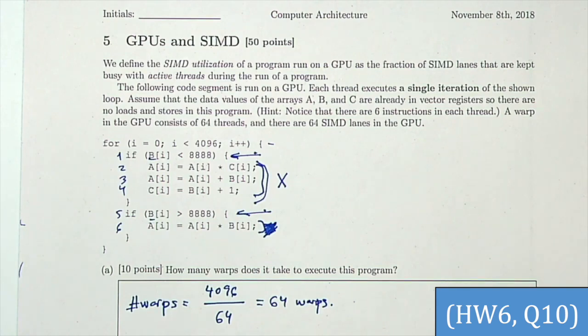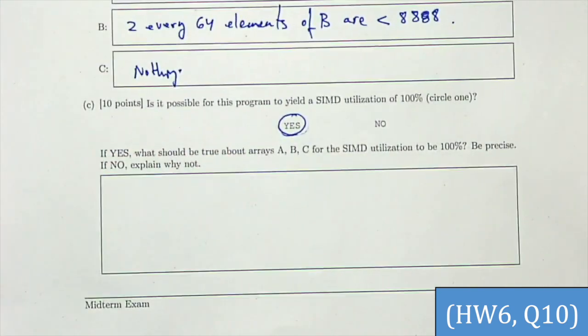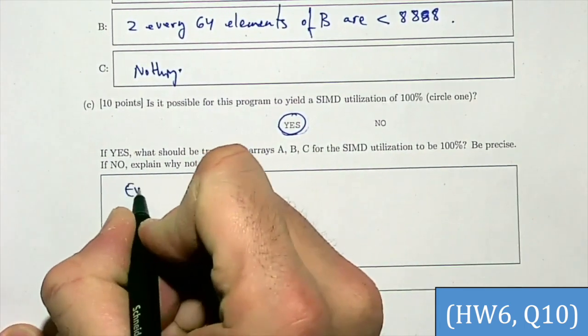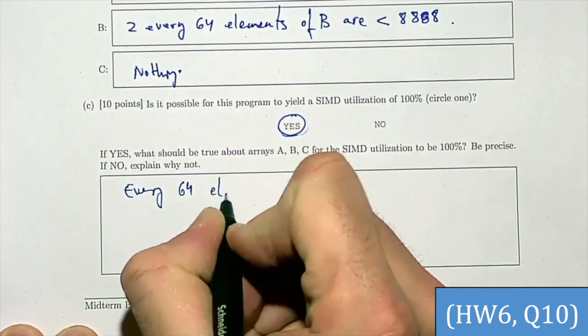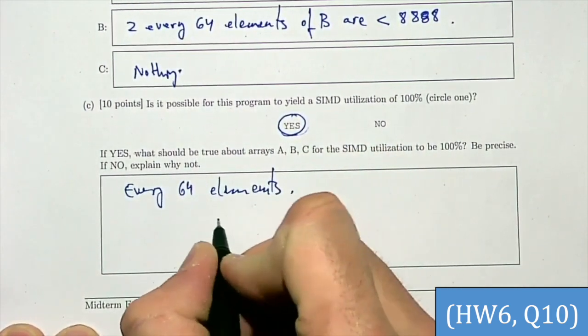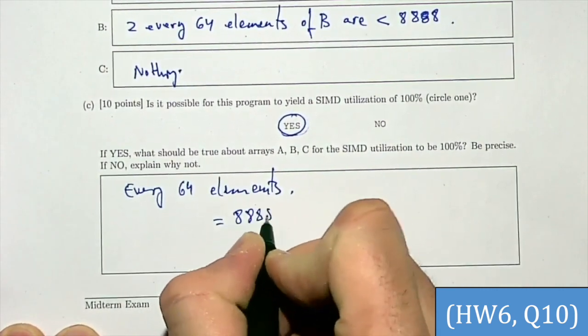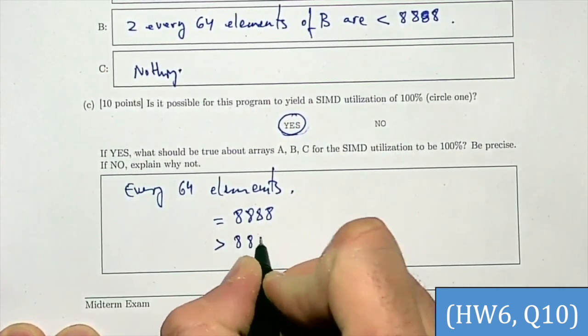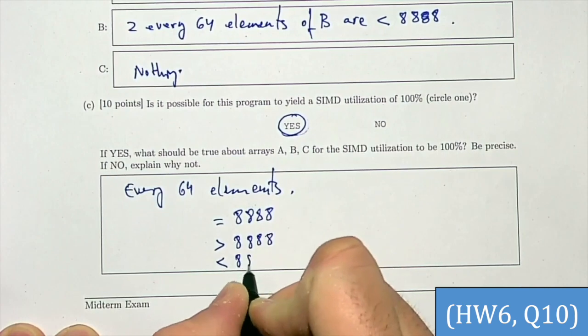So maybe the first 64 elements are equal to 8,888 and the next 64 are greater and the next 64 are lower. Is that clear? Okay. Every 64 elements will be equal or this or that.